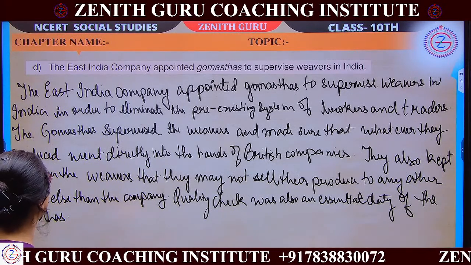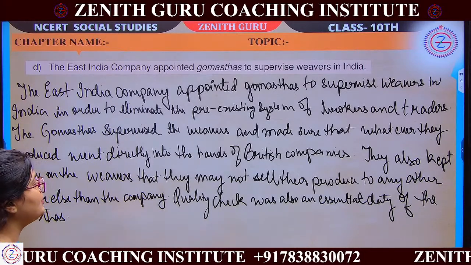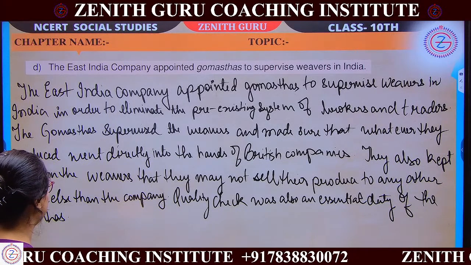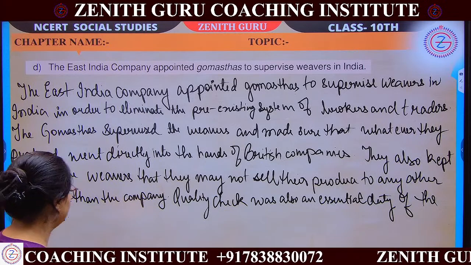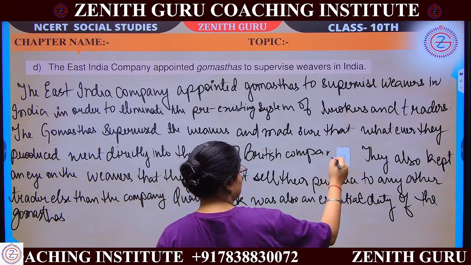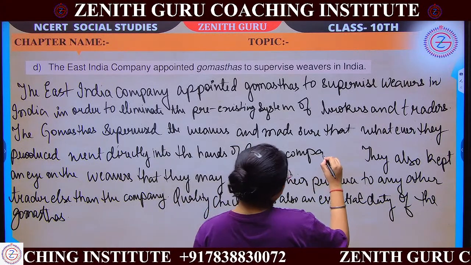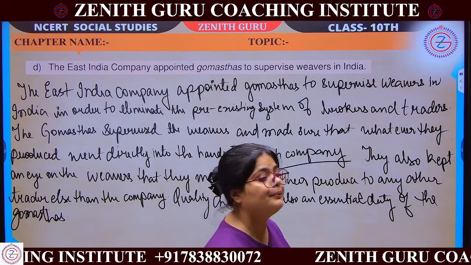They also kept an eye on the weavers so that they may not sell their produce to any other trader else than the company. Quality check was also an essential duty of the Gomesthas. Also, I wrote it wrong here, it should not be companies, because East India Company was enjoying a monopoly, so it has to be a company.